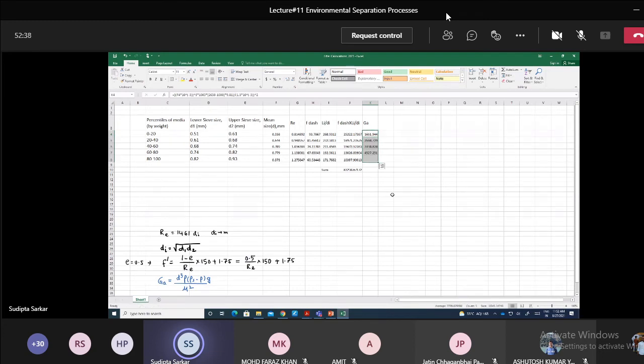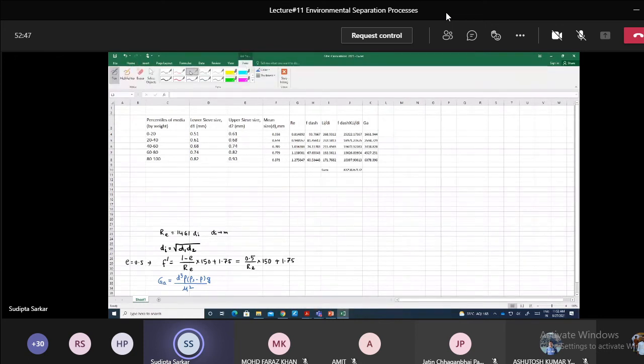Then let me find the others. Now we want to find REMF. So we now need to find REMF, and what is the equation?